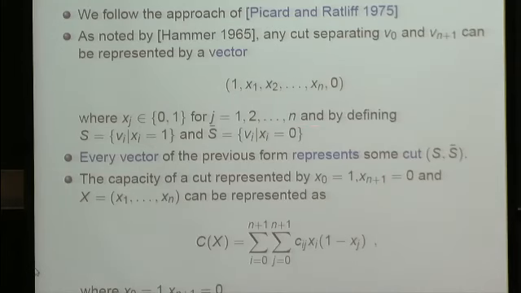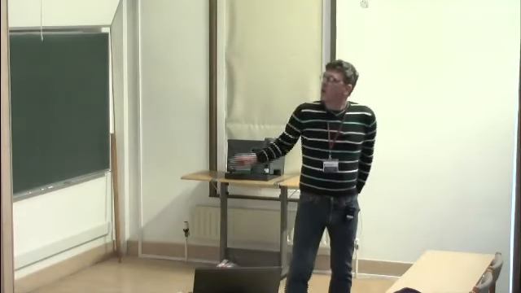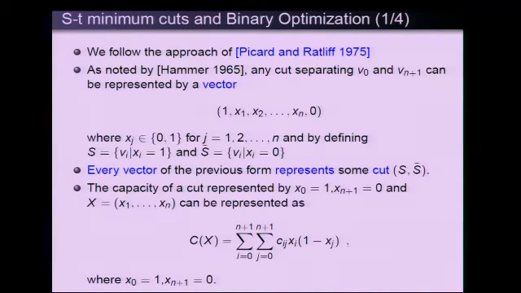So one here will be the source. The source is always on one side. The sink, T, is always on the other side. Now I say every binary assignment here defines a cut. Okay? So you got this vector. So now you formulate the cut in terms of those variables, and you get this.